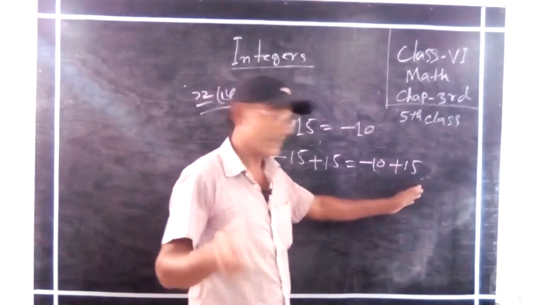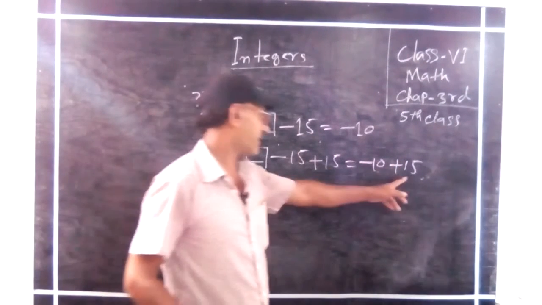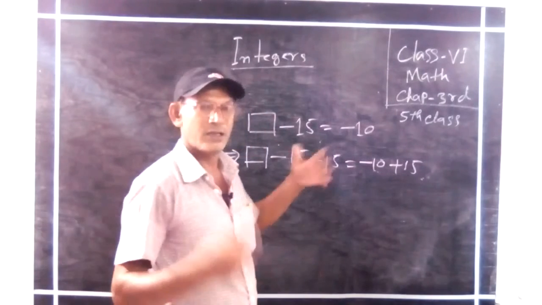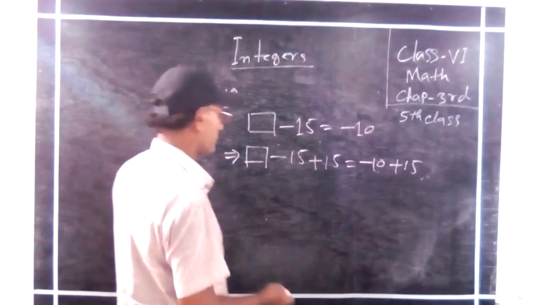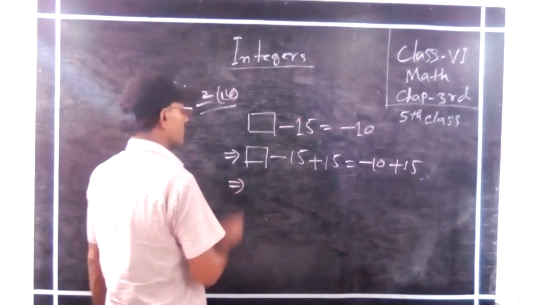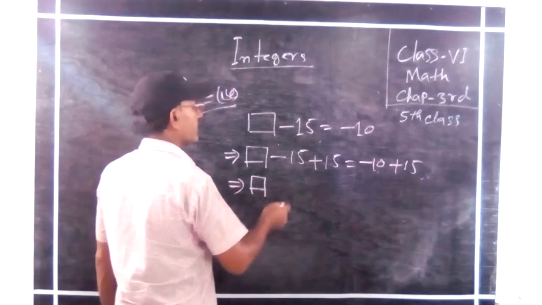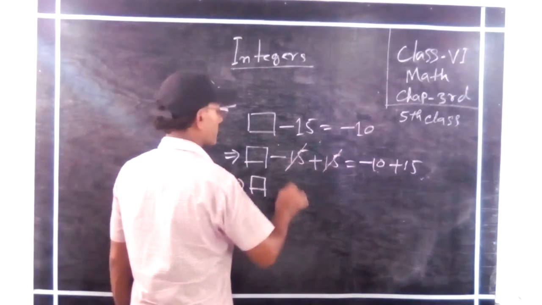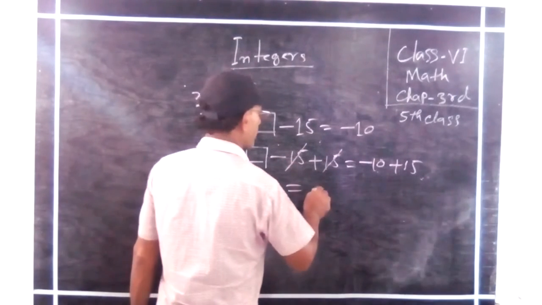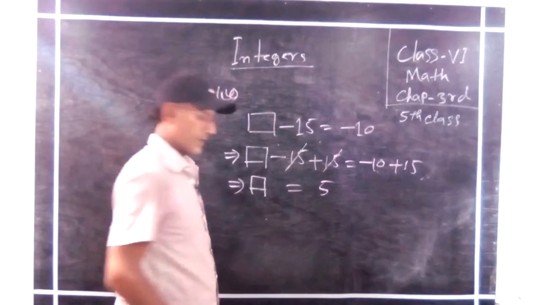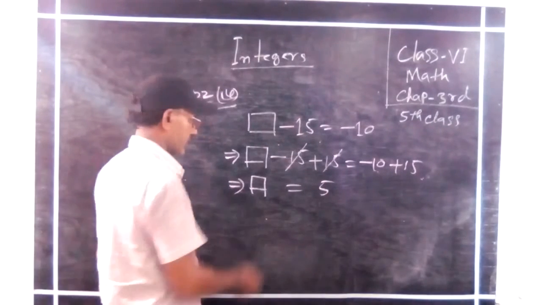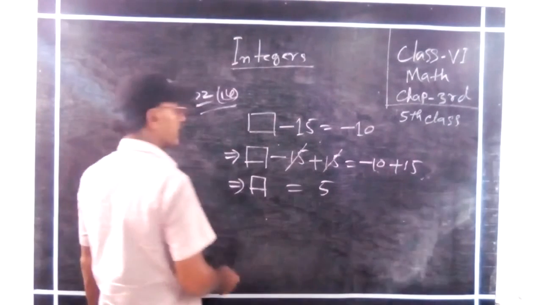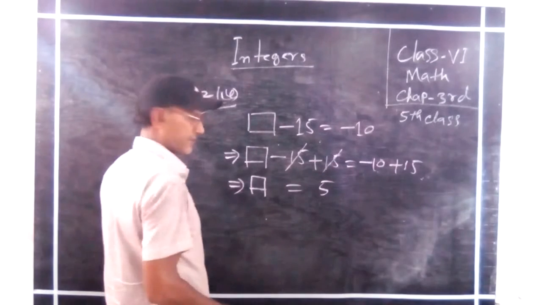We have used plus 15 on both sides. So empty cell equal 5. This is our answer.